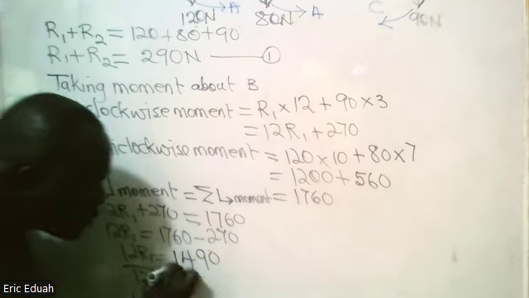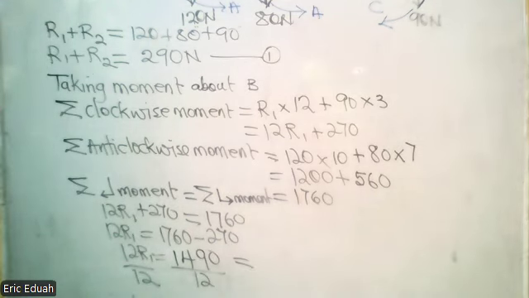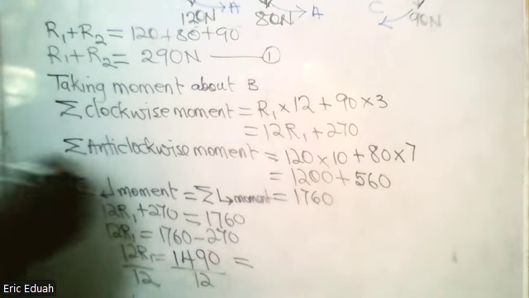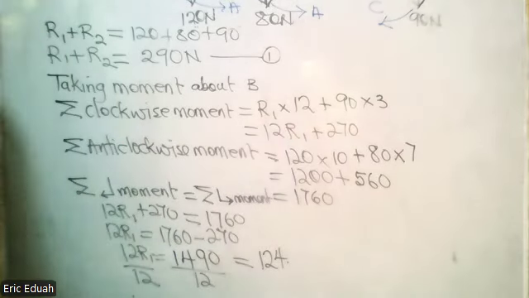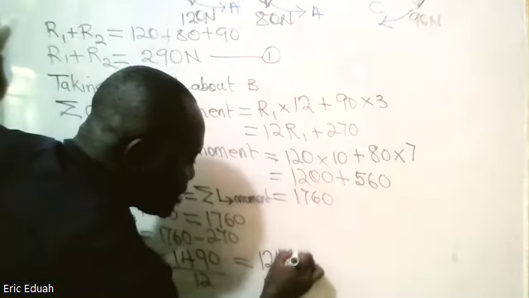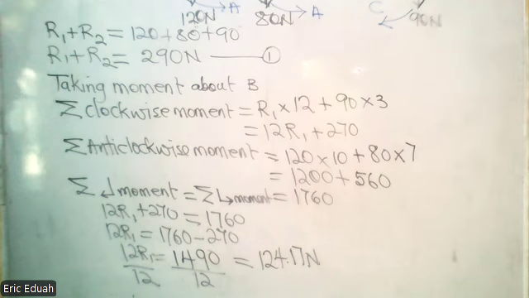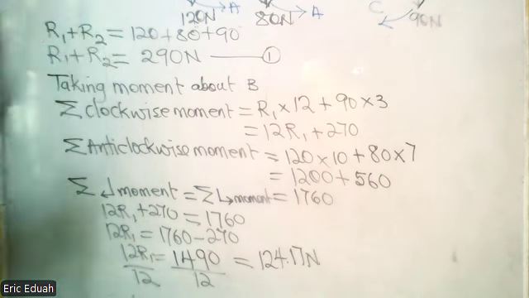So divide that by 12 for me. 124.167. Okay, let's make it 124.17 Newton. That's the reaction at the first support.